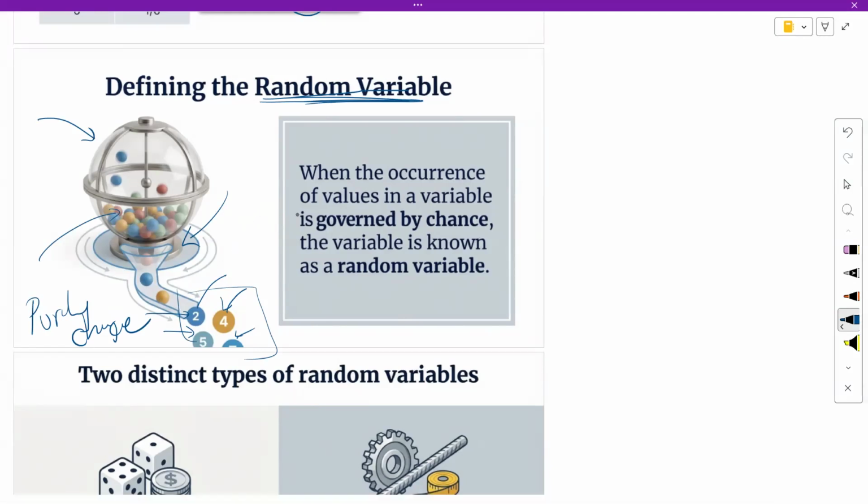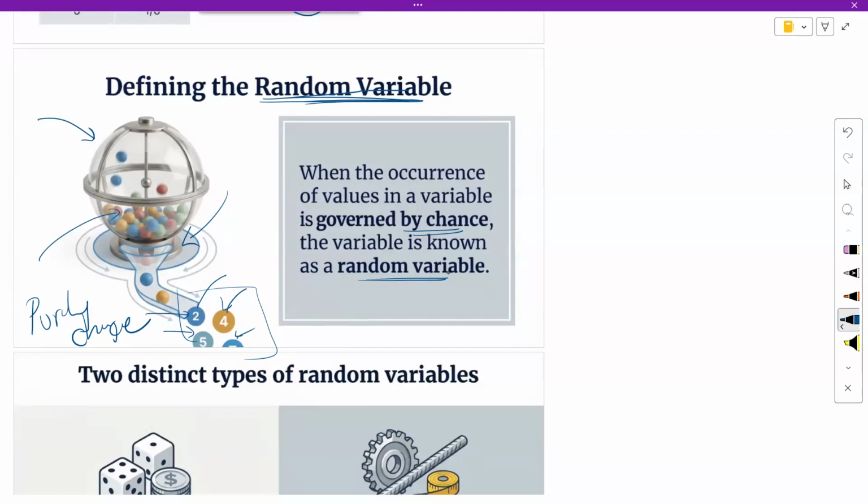This is the occurrence. When the occurrence of values in a variable is governed by chance, the variable is known as a random variable.